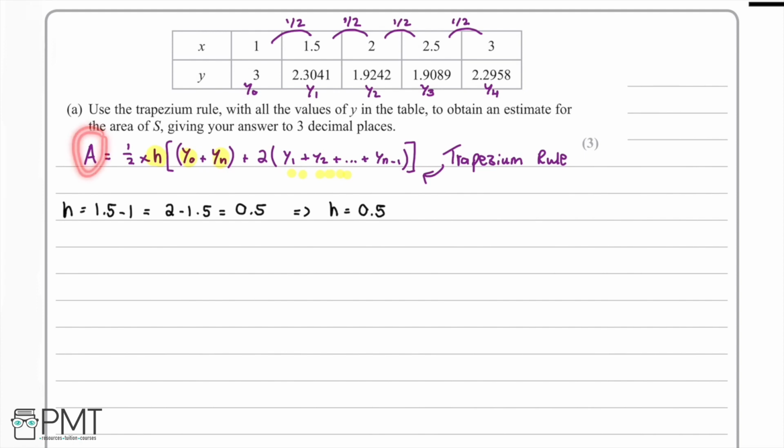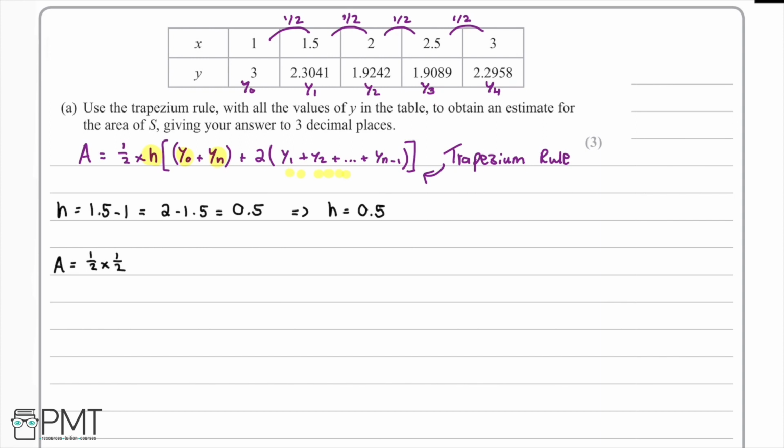Now that we have all the required information, we can say that the area is going to be equal to 1 over 2 multiplied by half. So writing that in fraction terms as well, we're going to have 1 over 2. And then we're going to multiply this by 3, and then we're going to add that to y of 4, which is going to be equal to 2.2958.